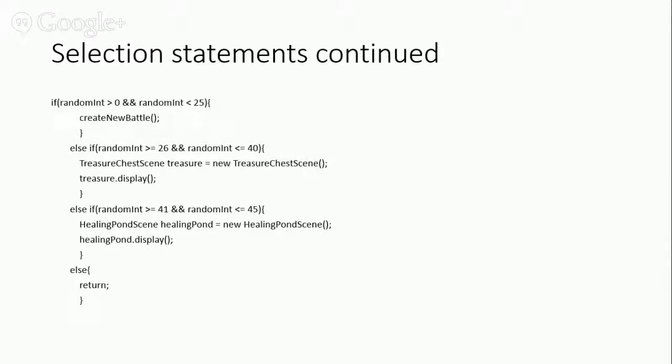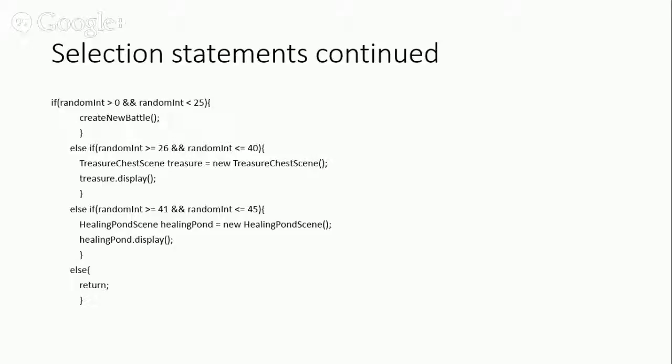Here on our next slide, we have our move chance control. What this one does is it generates a random number, and it will compare it to a couple of different values. The first one here is if the random integer is less than 25, then it's going to go ahead and create a new battle. So then our else if lets us input another set of parameters that we can use to compare our random integer.